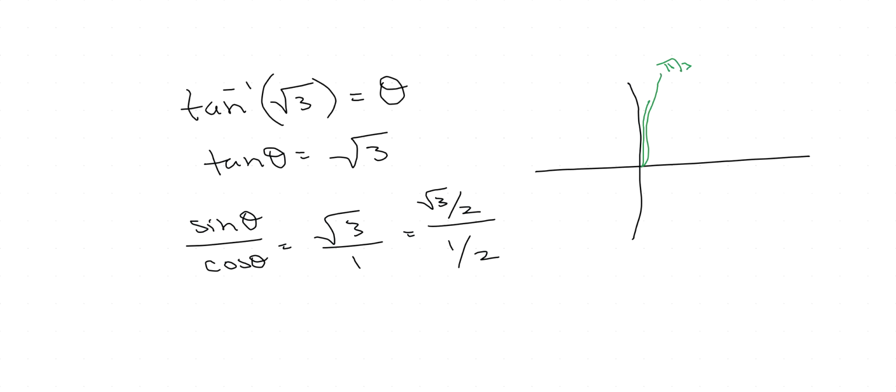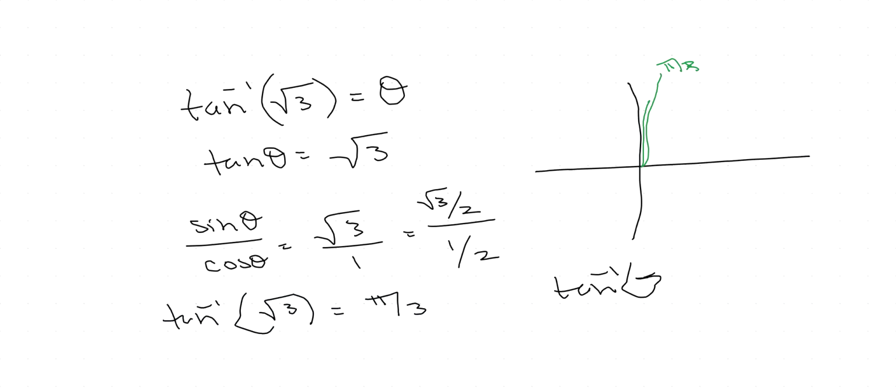And so my tan inverse of root 3 is just going to be pi over 3. But if I ask tan inverse of negative root 3, well, now I'm in the fourth quadrant.